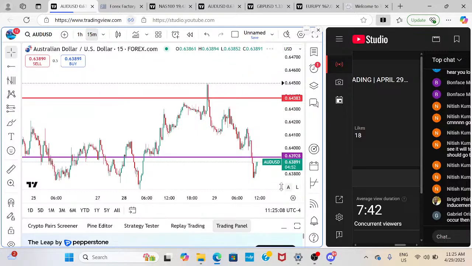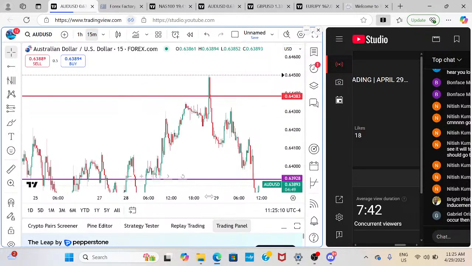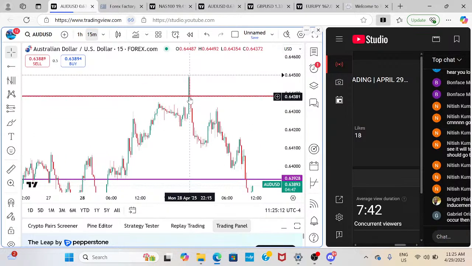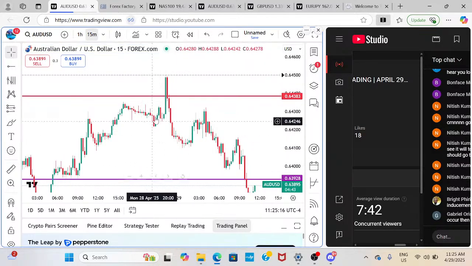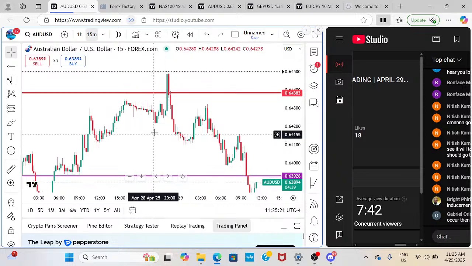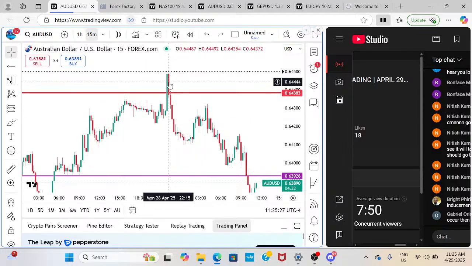If you were relying on the 15-minute time frame, you would have thought we broke the resistance, because the price did break the resistance on the 15. But this was a fake breakout, because right after breaking it, we started selling off.